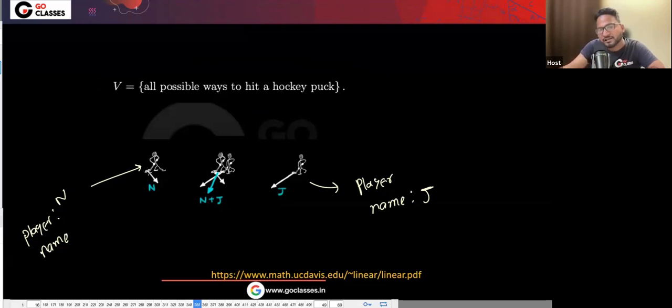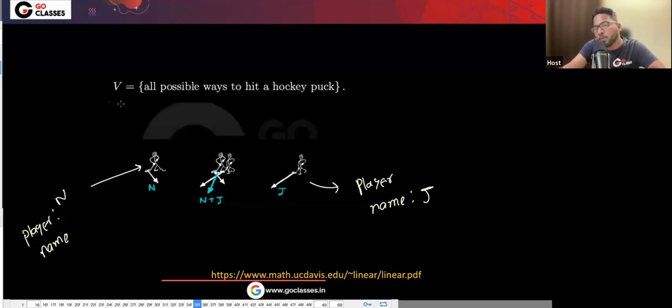What I'm trying to say is that he's trying to hit the puck in this way, and he's trying to hit it in this way. So the linear combination, or addition, of these two is some vector which is like this. That should also be in the same set, which means you can also hit the puck in this way. So this n plus j must be in V. Why?